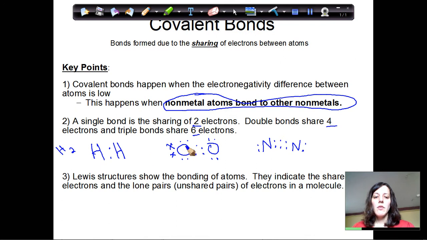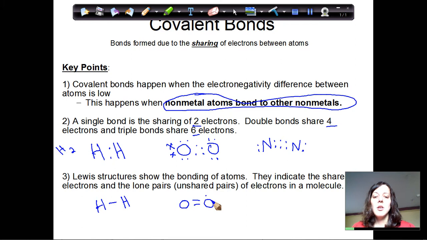So up here I've shown you electron dot diagrams. Down here we can draw these more as structural formulas, where each pair of electrons is drawn as a straight line. This might look familiar to some of you, and it might not. So this is a single bond where it's sharing these 2 electrons. Oxygen has a double bond, so we would draw 2 lines.